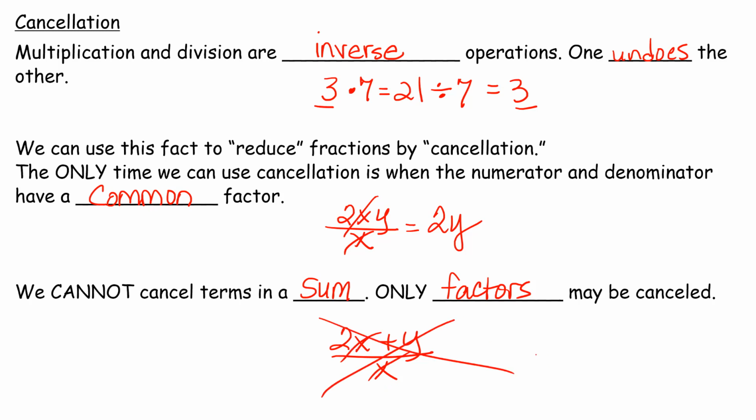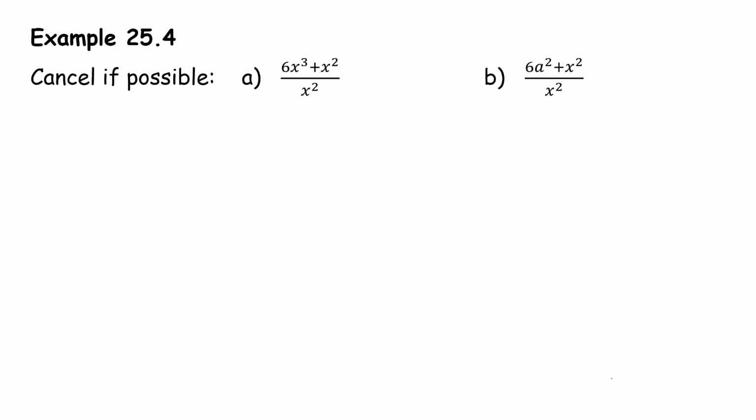No, no, no. All right, let's look at these 2 examples and see what we can cancel. So we have 6x cubed plus x squared over x squared. Now, if you feel like you want to cancel the x squared here and the x squared here, that is wrong. The x squared up here is added to this other term, so you can't just cancel those x squareds and get 6x cubed.